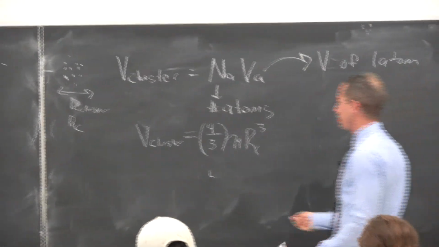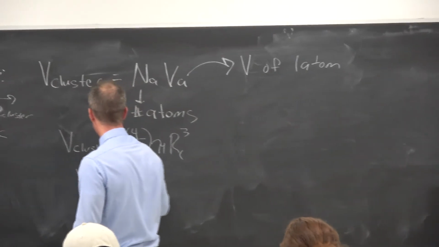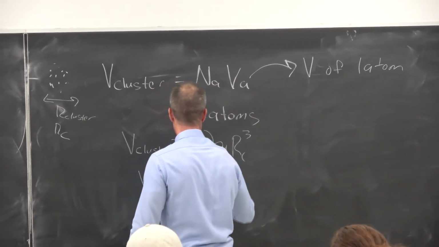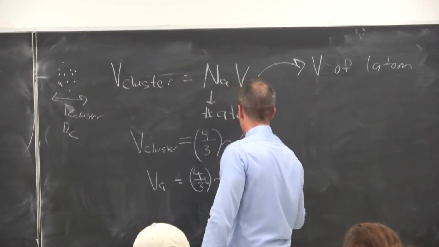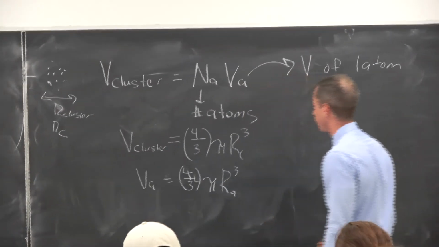Okay, and then similarly, the volume of an atom is 4/3 pi radius of the atom cubed.